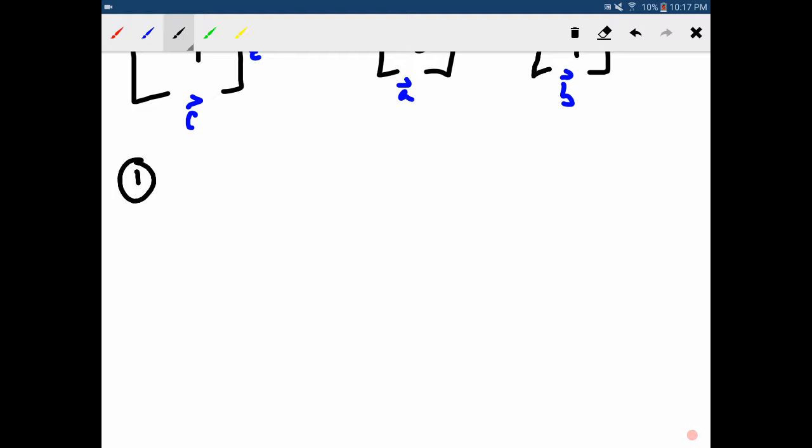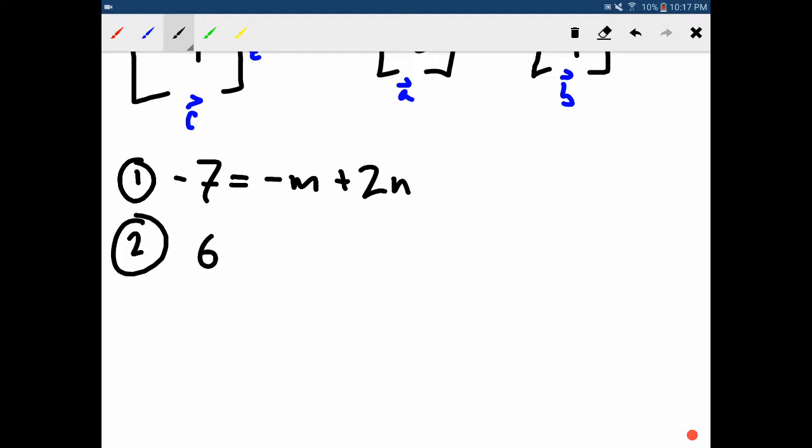Three equations. The first one is just -7 equals -m. I just did -1 times m plus 2n. My second one will be 6 equals 2 times m, and it would of course be plus 0, but I don't need to write that.